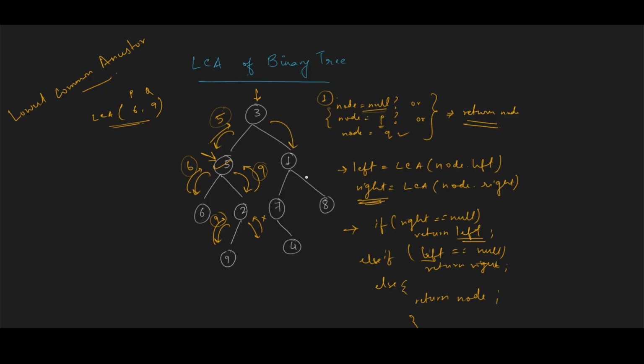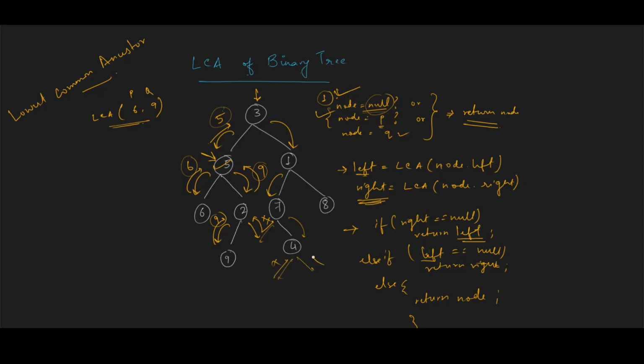Now we go to the right side of 3, which is 1. 1 does not satisfy condition 1. Traverse to the left of 1, we are at 7. 7 also does not satisfy this condition. We traverse to the left of 7. Left of 7 is null. It satisfies this condition, so from left, 7 gets a null. We come to the right side of 7, we have 4. 4 does not satisfy condition 1, so we go to the left and right of 4.